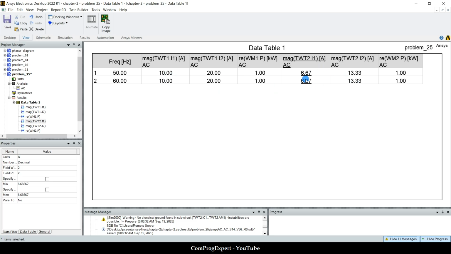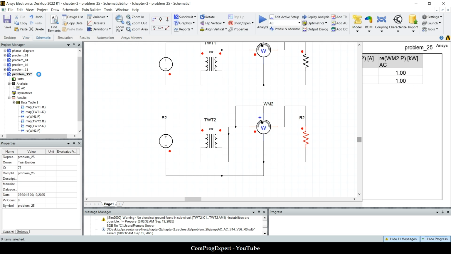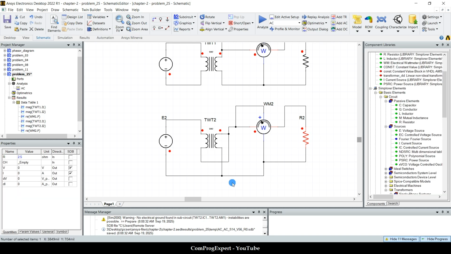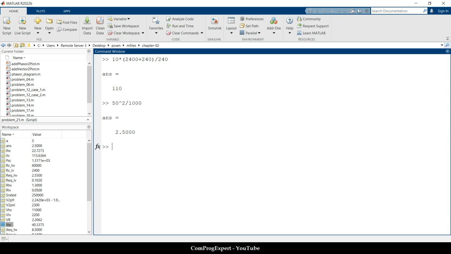So this means that this coil can tolerate a higher value for the current without thermal overheating, because the rated value is 10. And also we can increase the value of the current for the low voltage coil. So if I reduce the value of the resistance to increase the value of the power, we can check that.